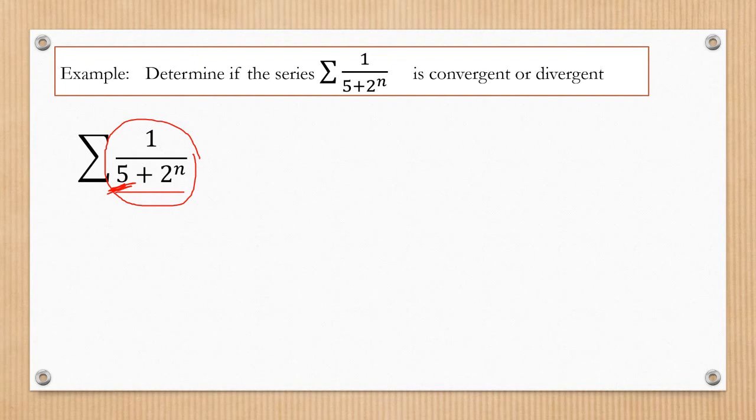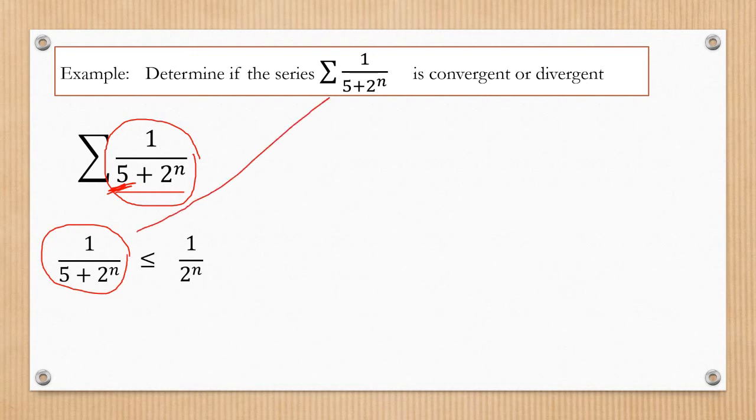Okay? And so, by comparison test, we are going to compare this given fraction, which is taken from the given, and compare it with this fraction 1 over 2 raised to n without the insignificant 5. Okay, so we will compare these two.